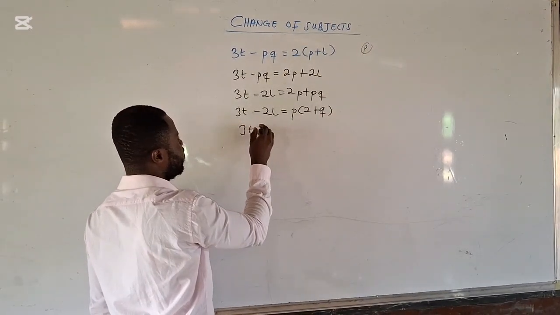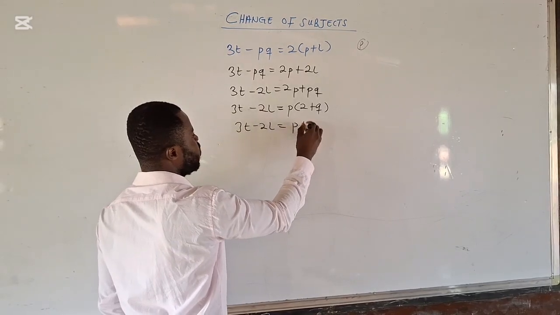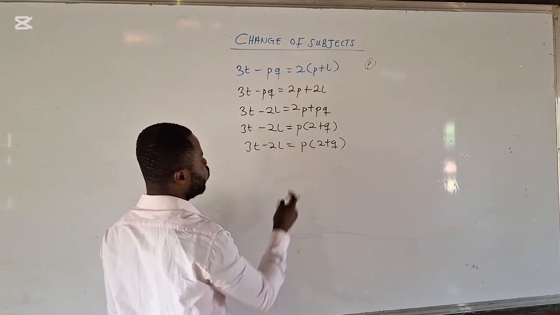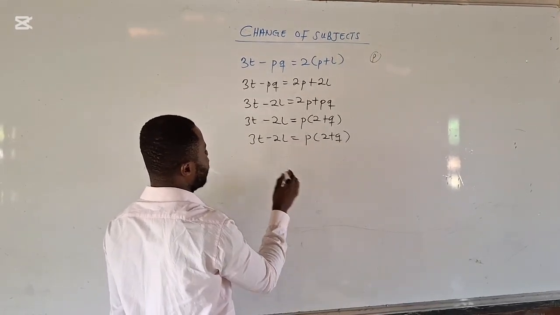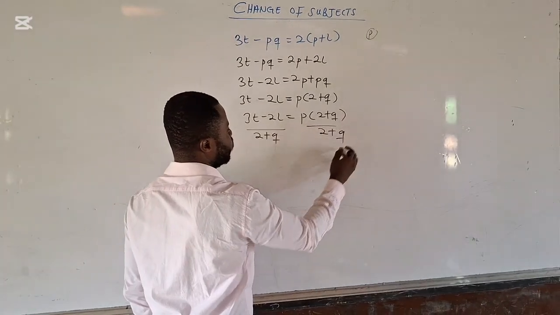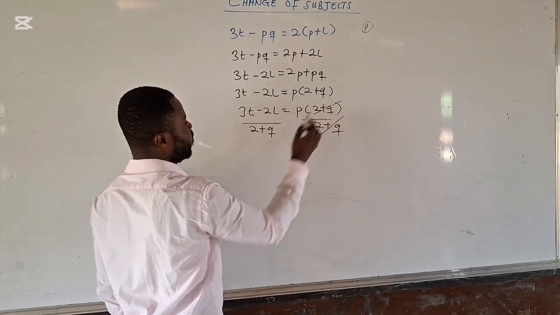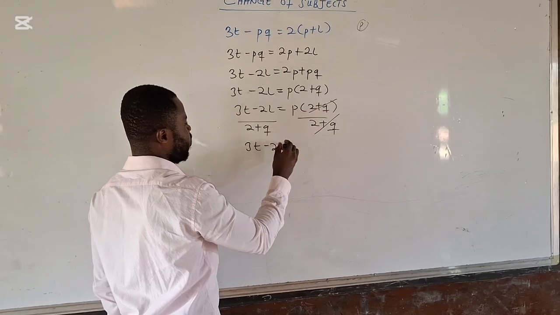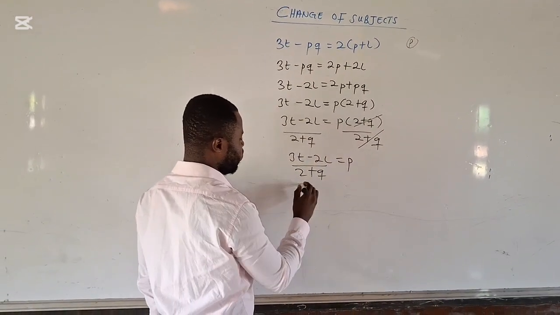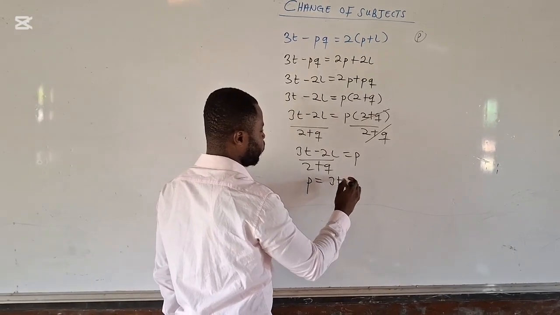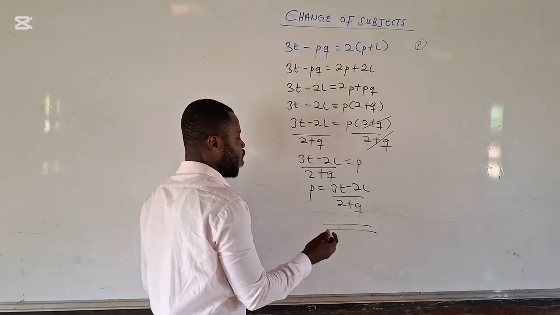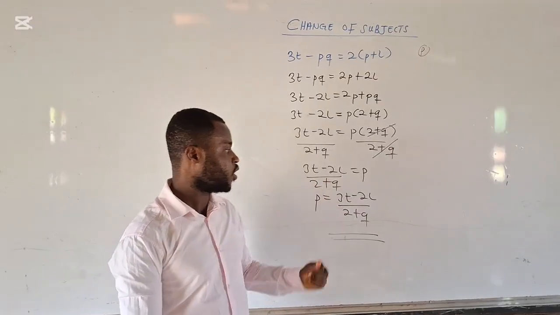Now we have 3t minus 2L is equal to p, bracket open, 2 plus q. To make p stand alone, we divide both sides by 2 plus q. Now we have 3t minus 2L all over 2 plus q is equal to p, which is the same as p is equal to 3t minus 2L all over 2 plus q. So this is how we make p the subject in our section today.